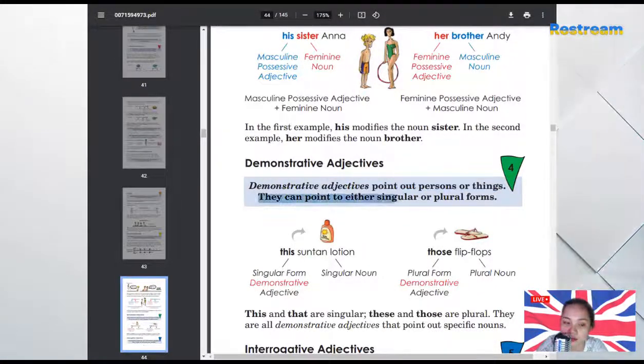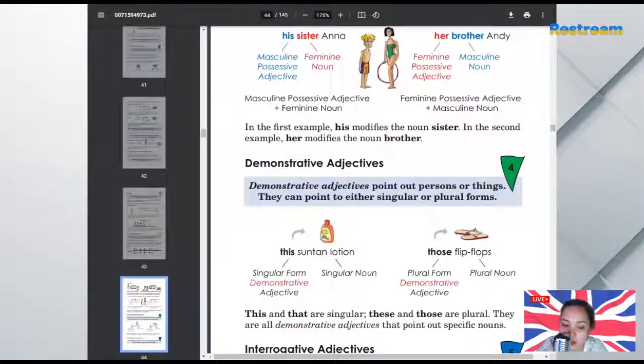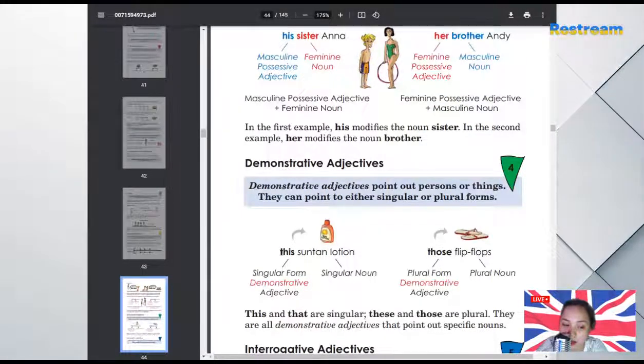They can point to either singular or plural form. We are using this word starting with th, as you can see, for example this suntan lotion, or those flip flops.